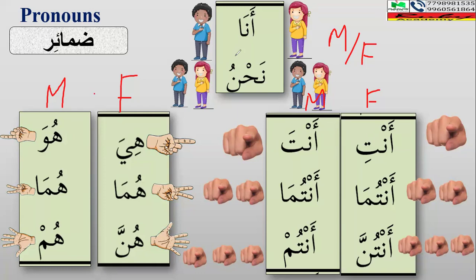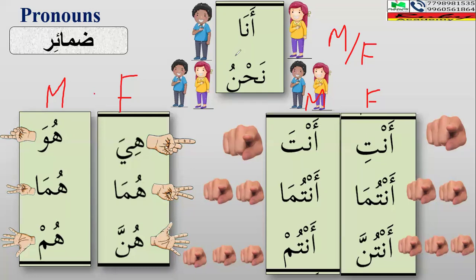In that way also you can remember. So I have visualized these kinds of pronouns using fingers so you can remember. Either you can use fingers or you can use your tongue, but you need to remember all 14 pronouns.